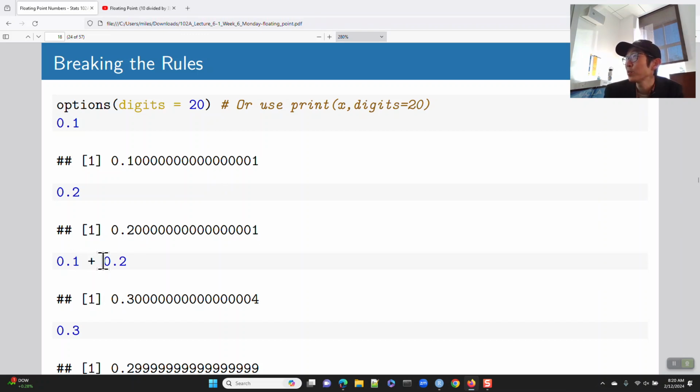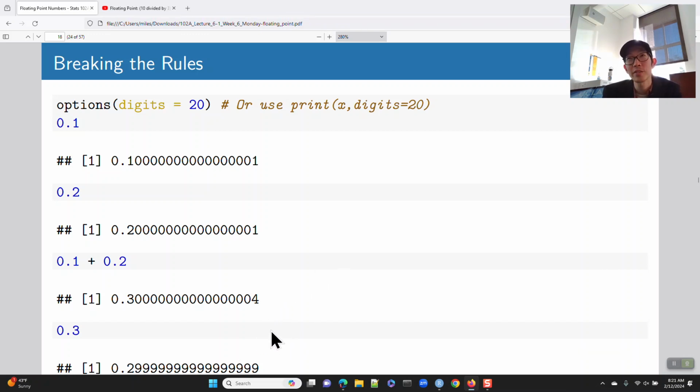And so when you do 0.1 plus 0.2, you get this 0.3000004. The binary approximation of 0.3, on the other hand, is 0.299999999. So 0.1 plus 0.2 gives us this, 0.3 gives us this. And that's why when we ask whether the result of 0.1 plus 0.2 is equal to 0.3, it comes back as false, because this value is not exactly the same as this value.